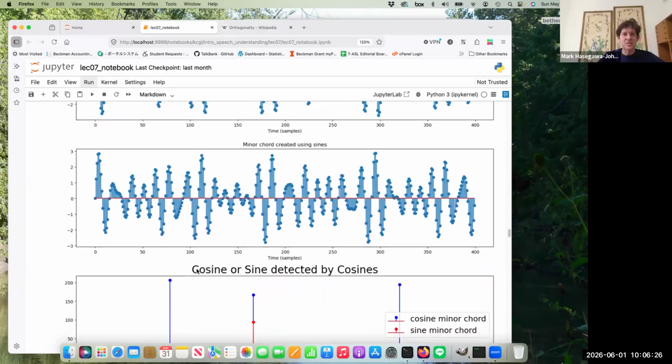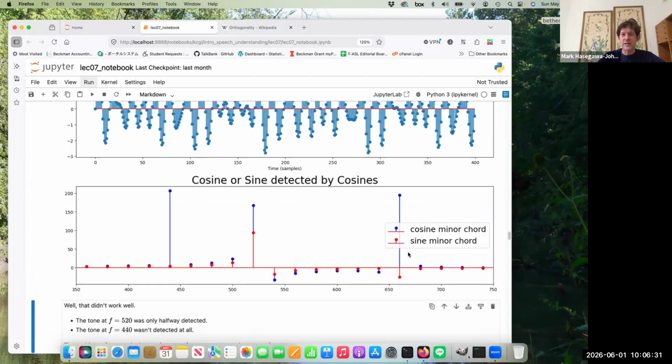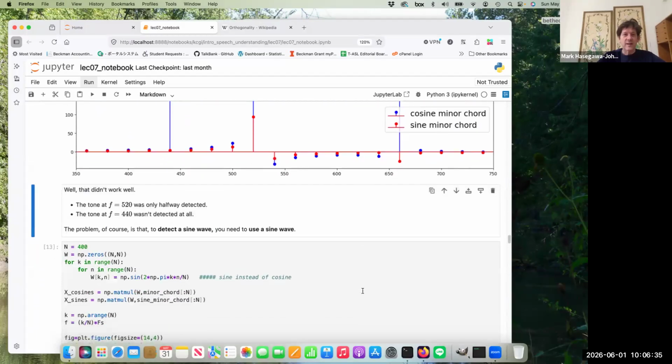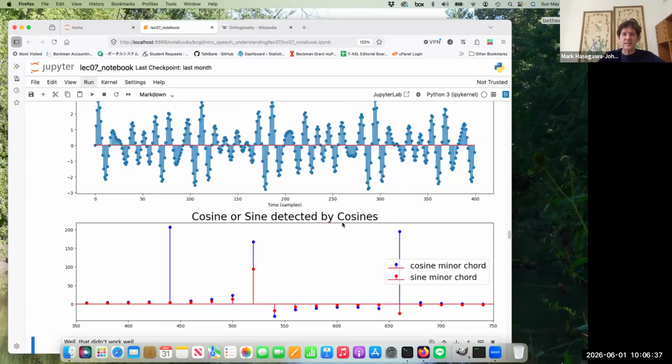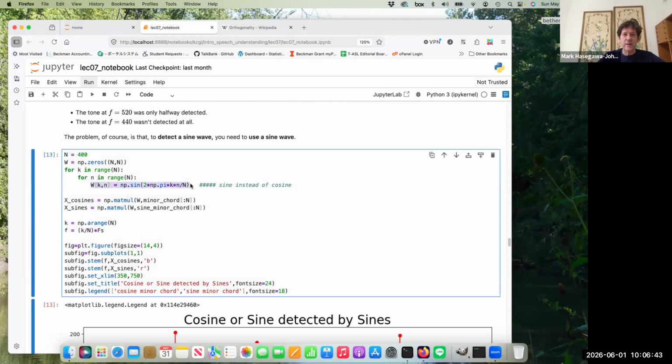And that's a big problem, because it means that if you just change the timing of your chord a little bit, the discrete cosine transform fails completely. The problem is that in order to detect a sine wave, you need to multiply by a sine wave. We need the W matrix to contain sine waves rather than cosines. If we multiply that W matrix times a cosine chord, then it won't work.